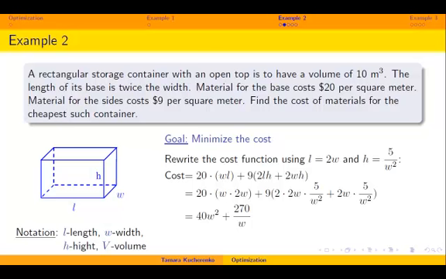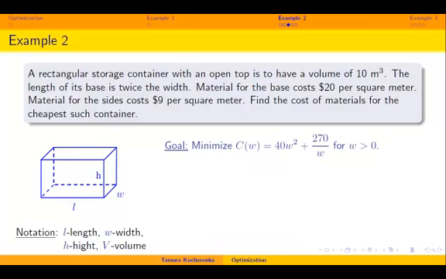This is a function of W alone. We will denote it by C of W. Notice that the width W can take on any positive value. Therefore, the problem reduces to minimizing the function C of W for W greater than 0.